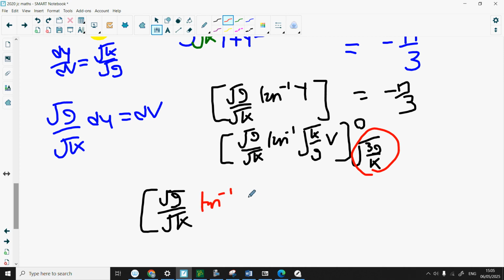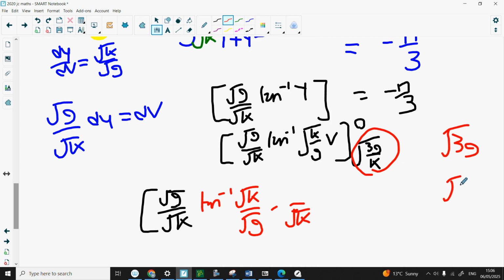And then my v, I'm going to sub in this part, which is root k on the bottom. I'm going to break up the root 3g into root 3 root g.